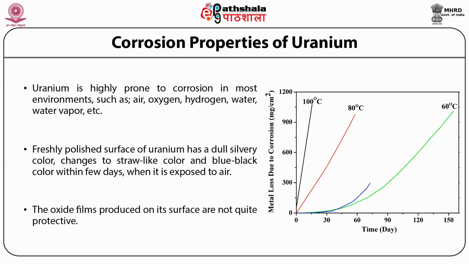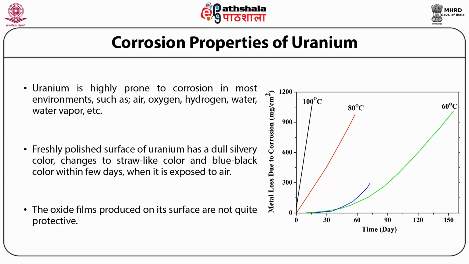The oxide films produced on its surface are not quite protective. However, at elevated temperature, the oxide film thickness increases with time, which starts cracking and exposing pure uranium metal under the oxide film.